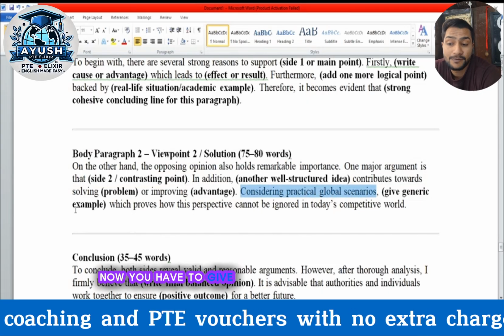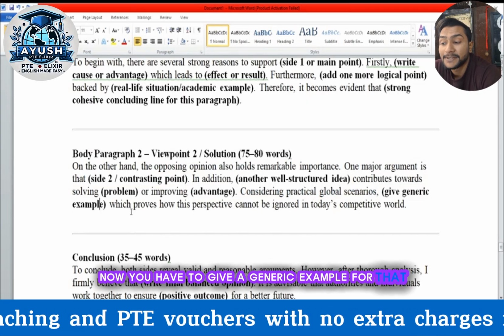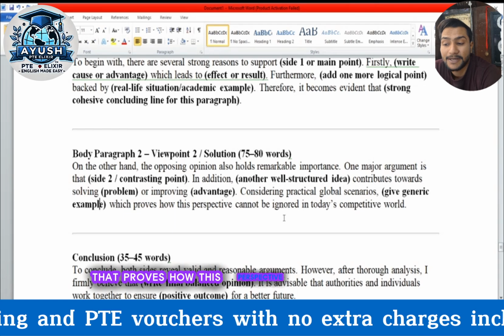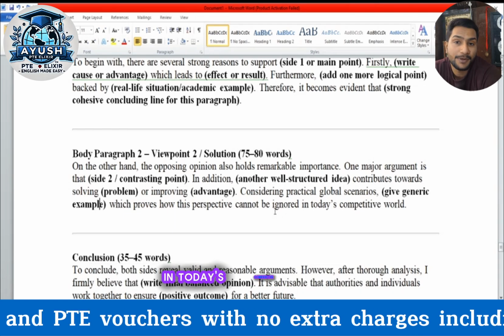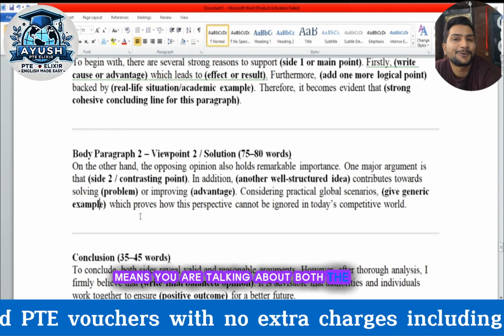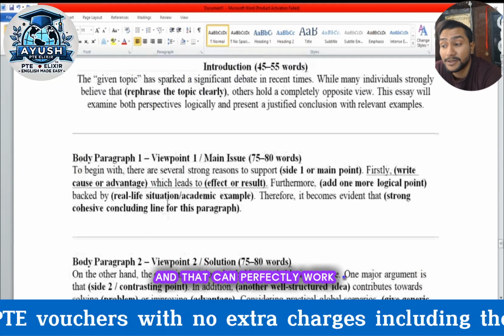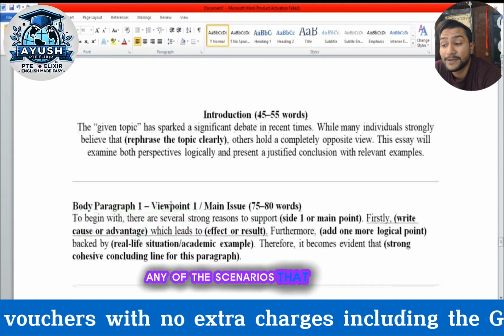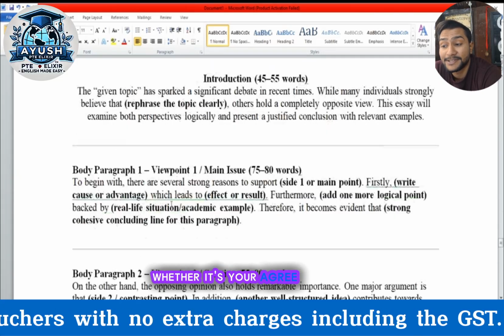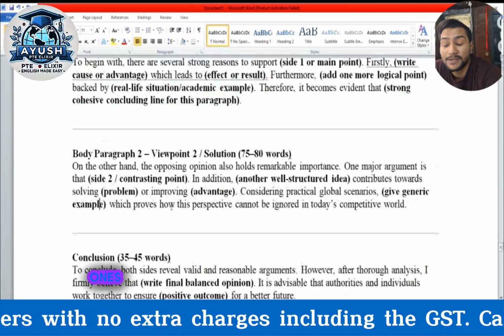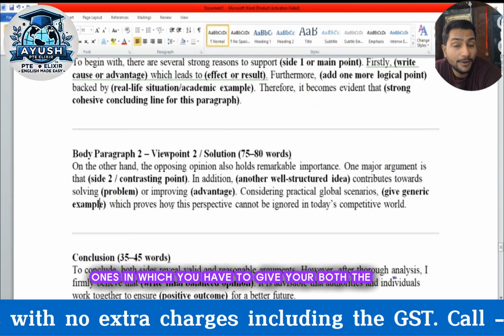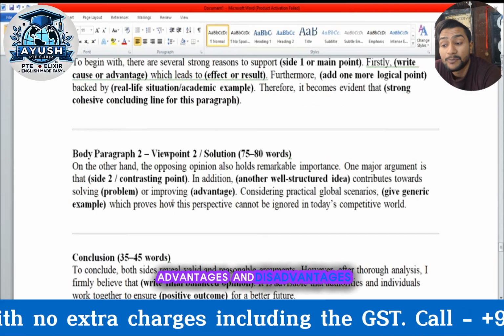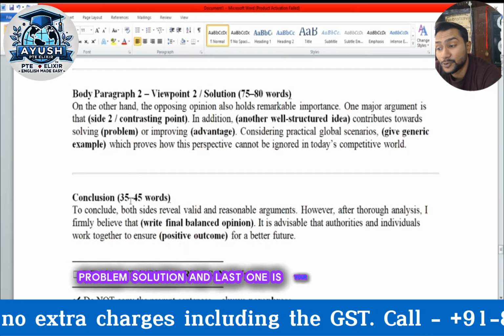Now you have to give a generic example that proves how this perspective cannot be ignored in today's competitive world. Means you are talking about both the points, and that can perfectly work in any of the scenarios that we have, whether it's your agree disagree or opinion ones, in which you have to give both the points, advantages and disadvantages, problem solution, and last one is your conclusion, right?